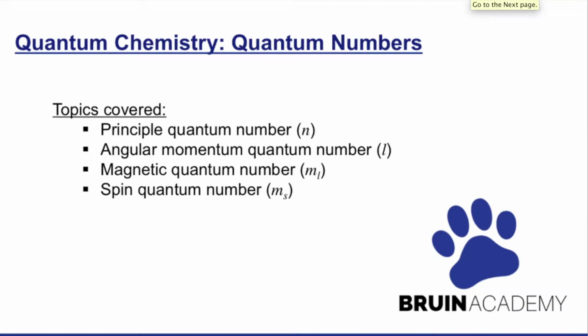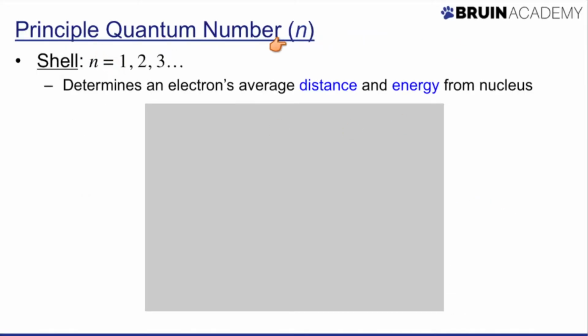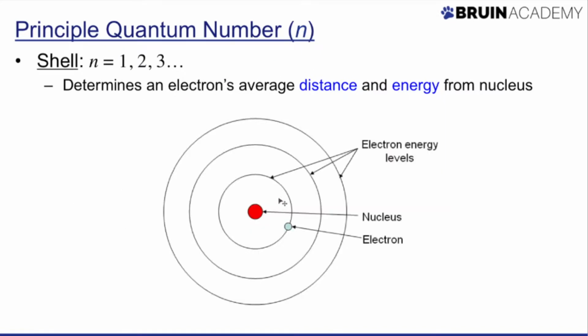So let's talk about the first one, which is the principal quantum number, n. This is called the shell, and it starts at 1, and it can technically range to infinity. It determines the electron's average distance and energy from the nucleus, so how far it is from the nucleus. You've actually seen this concept before.